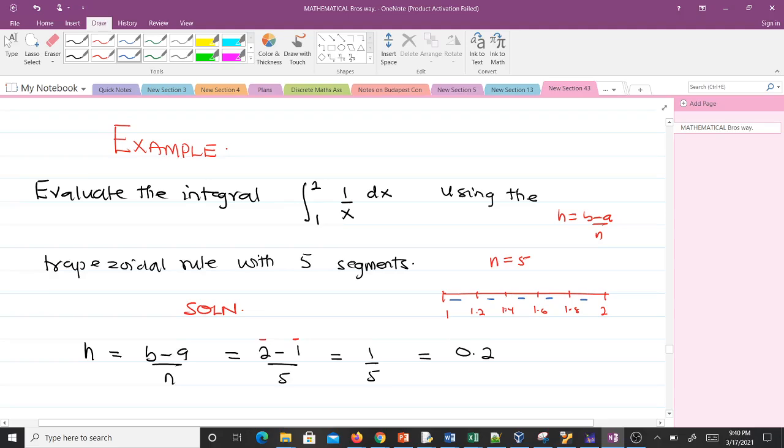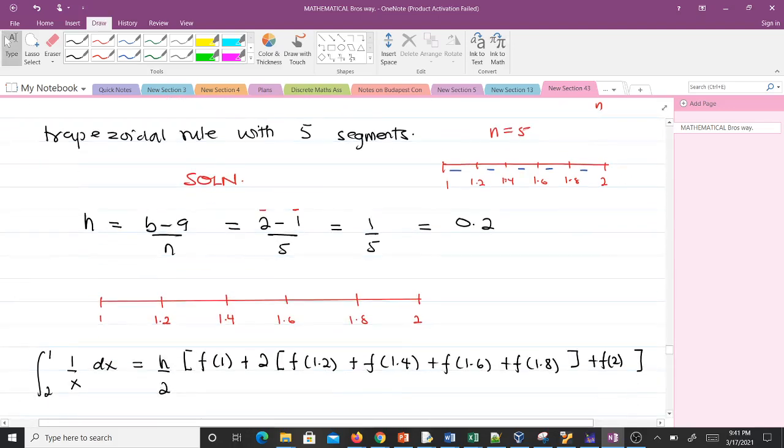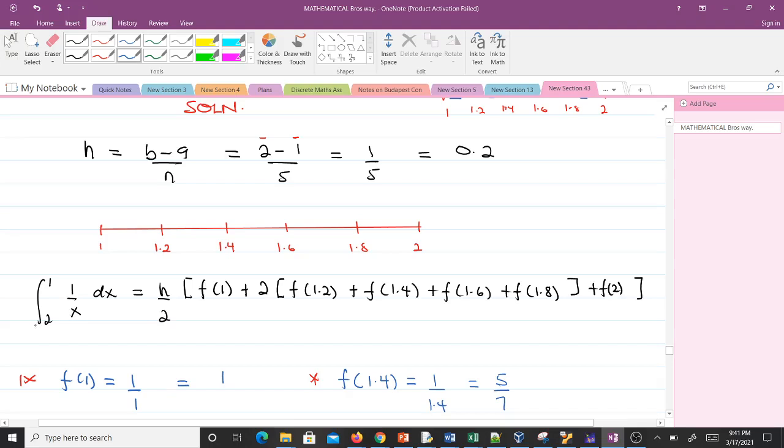So using the trapezoidal rule with 5 segments, that means the formula will be given by, so this is what we just did, right? So the integral from 1 to 2 of 1 over x will be equal to h over 2 times f of 1.